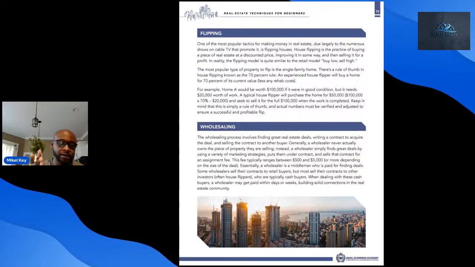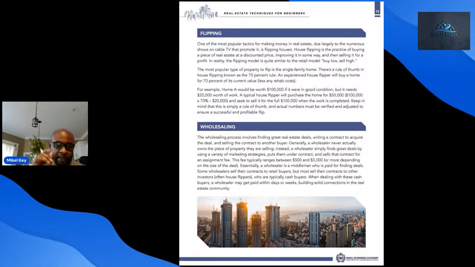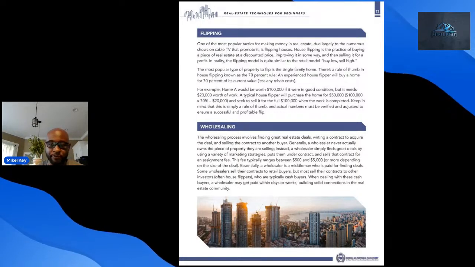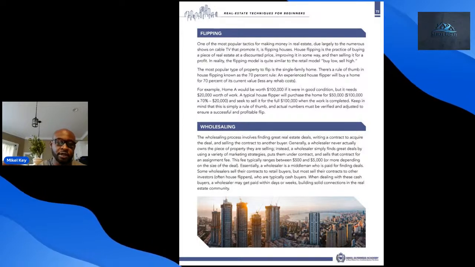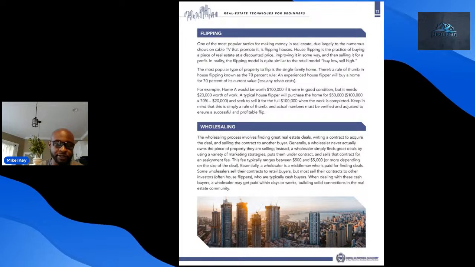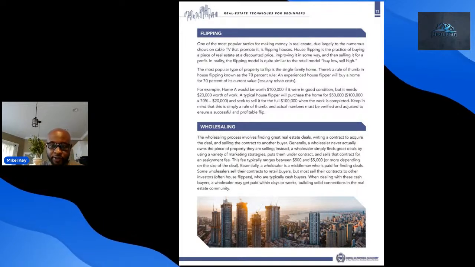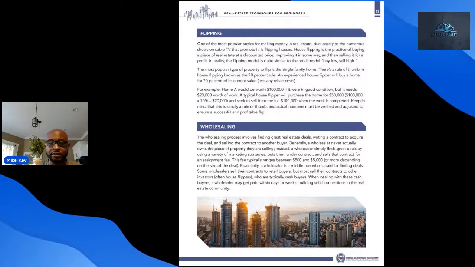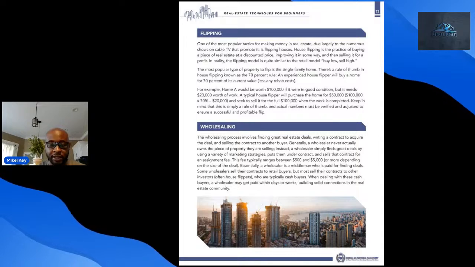Just go back and look at all the past sales in the area and calculate what that price per square foot is. If that price per square foot is $125, and your house is 1,000 square feet, then you just multiply those by each other and you come out with $125,000.